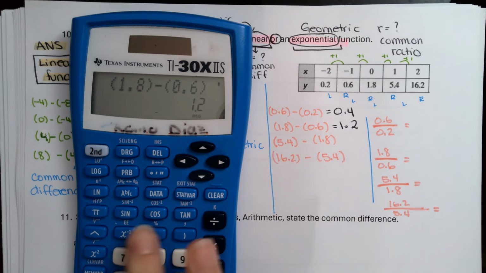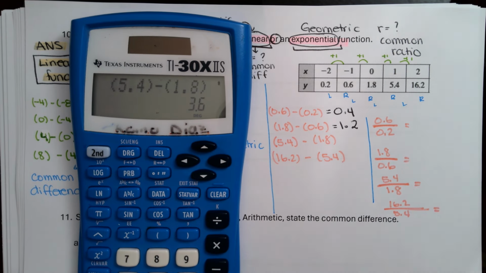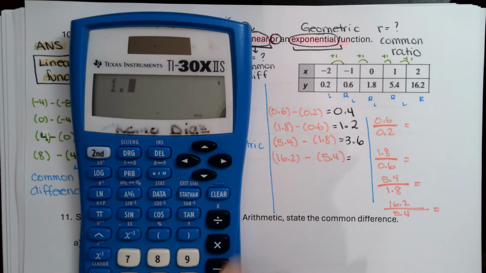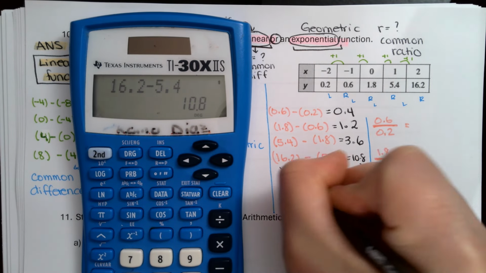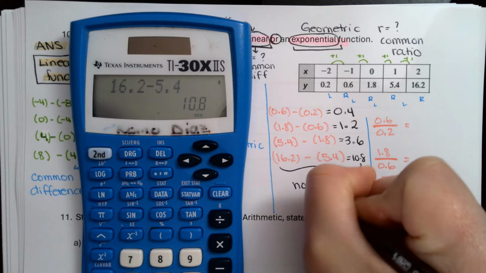So immediately we know this is not going to be arithmetic. This is not linear because we do not have a common difference.